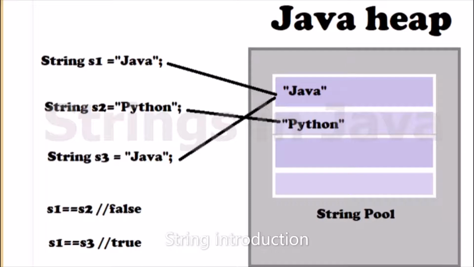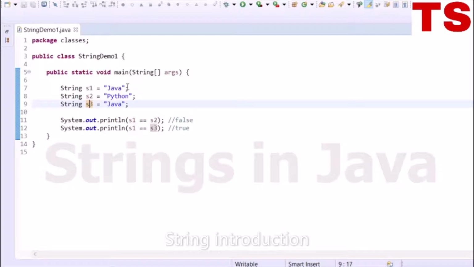Now let's look at this practically. The first statement creates a string Java, stores it in the string pool, and s1 will point to that string. String s2 will create a new string Python, store it in the string pool, and s2 points to Python.